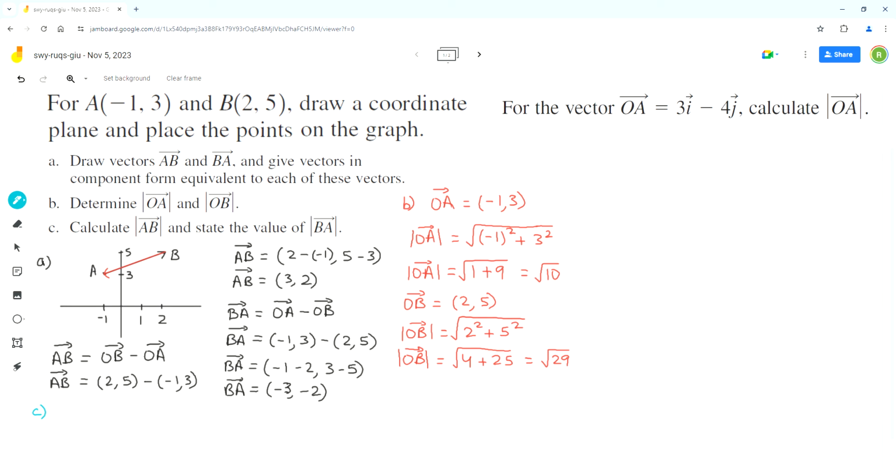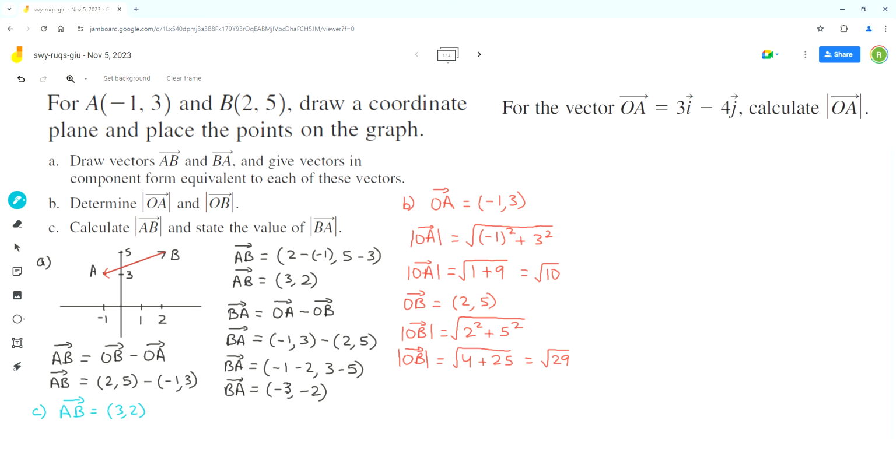So in part C we have to calculate magnitude of vector AB. So first we'll write the vector AB that we found in part A. Now we can calculate its magnitude.